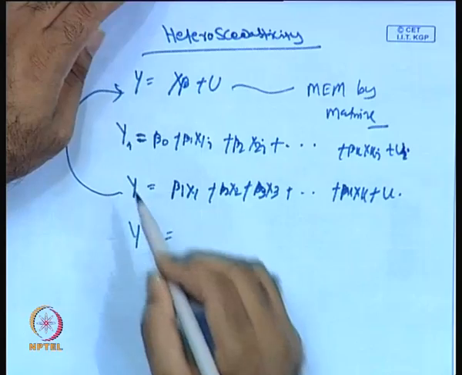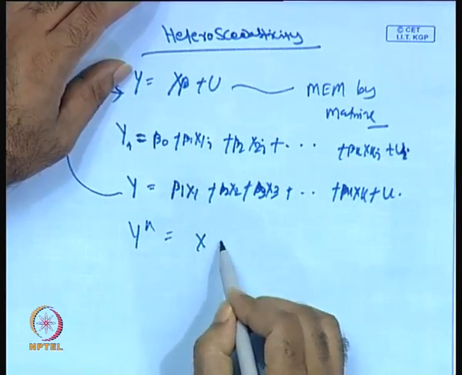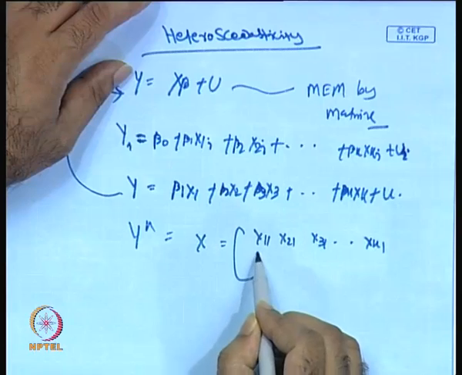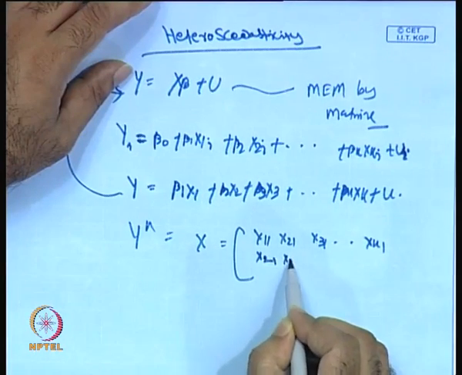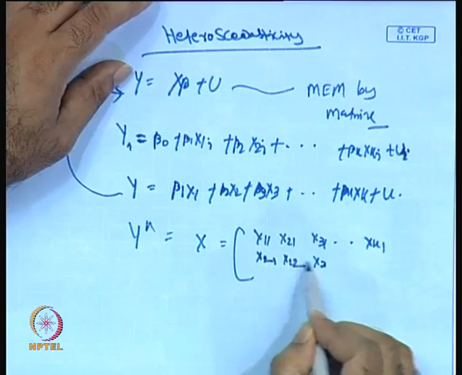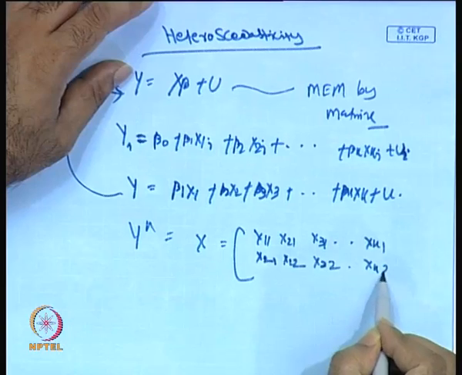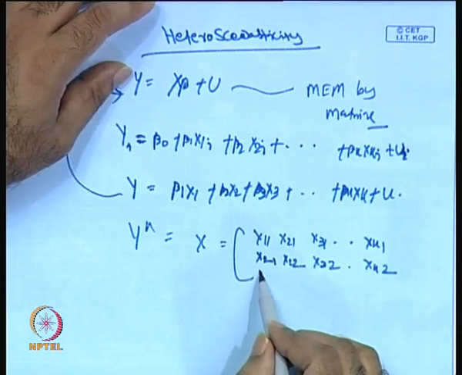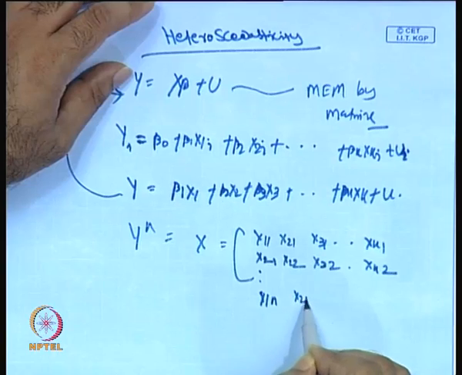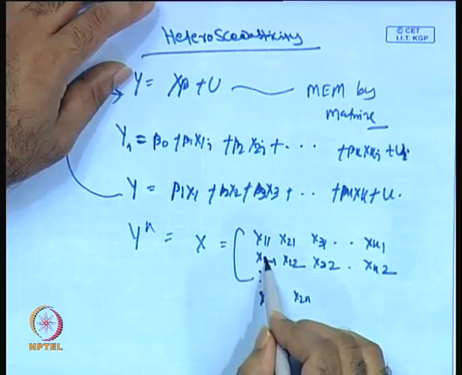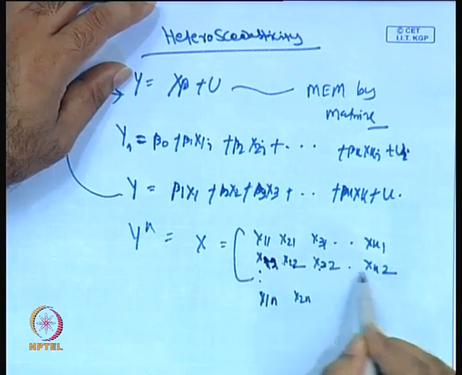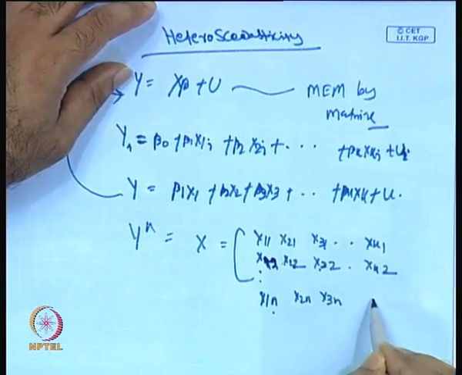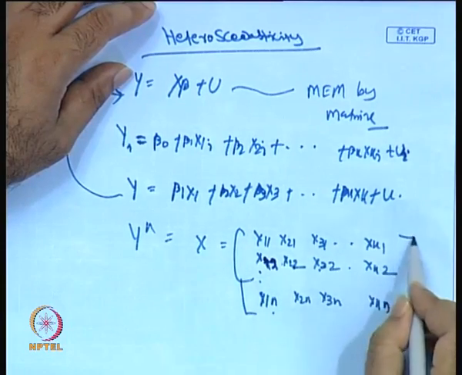If you transform this equation into this format, then X is x11, x21, x31 up to xk1, then x12, x22, x32, up to xk2, and it continues up to x1n, x2n, x3n, up to xkn. So this is how the X variable matrix looks.